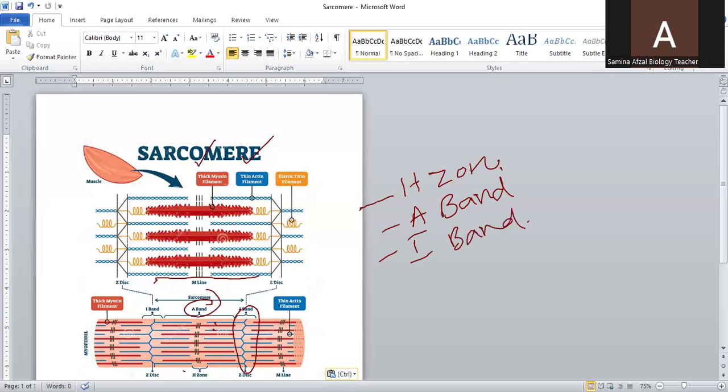Then attachment for myosin, this one, is the M line. And then attachment for actin, you can see this is the Z disc.